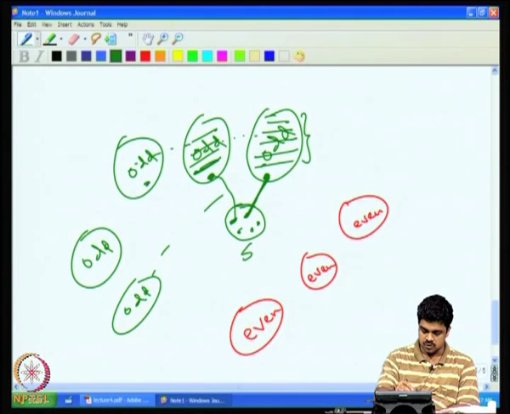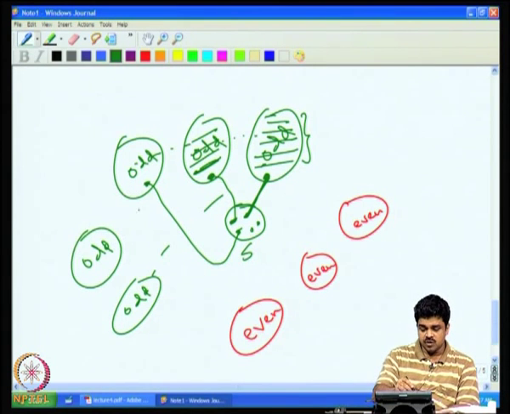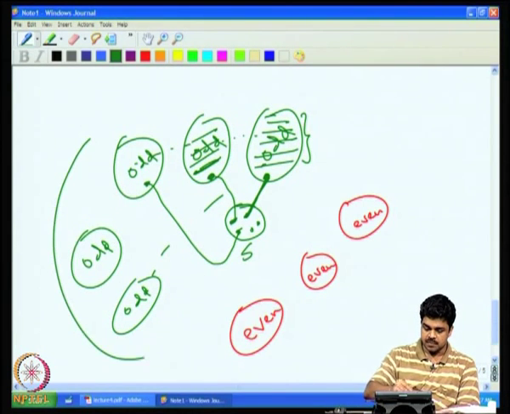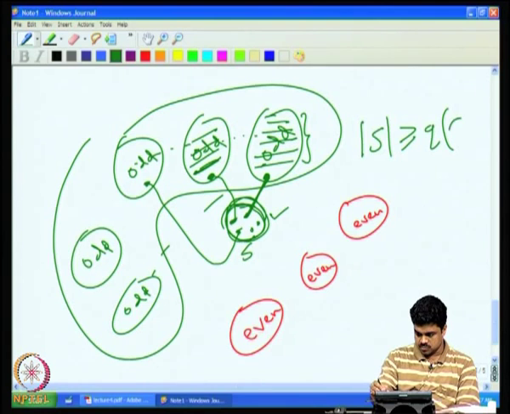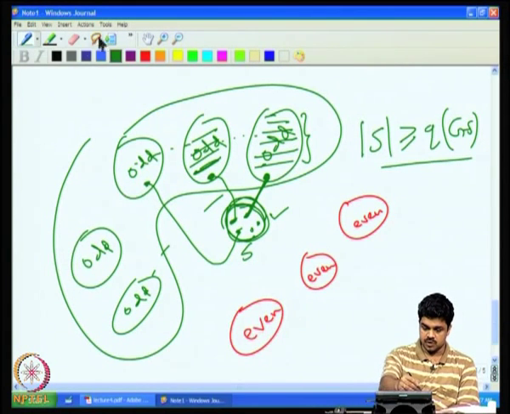Similarly, from this one also, it should get a partner from S. So every odd component should get a partner from S. Clearly, there should be sufficient number of vertices in S to provide partners for all of them, which means that the cardinality of S has to be greater than or equal to Q of G minus S, because there are so many components.